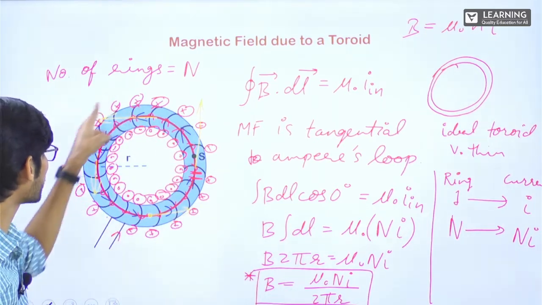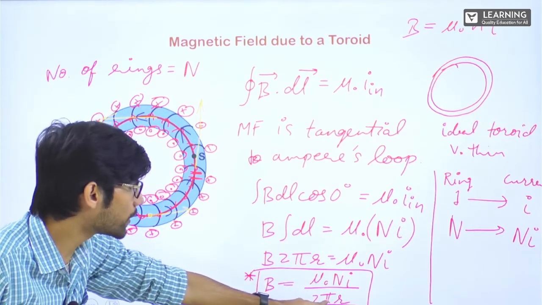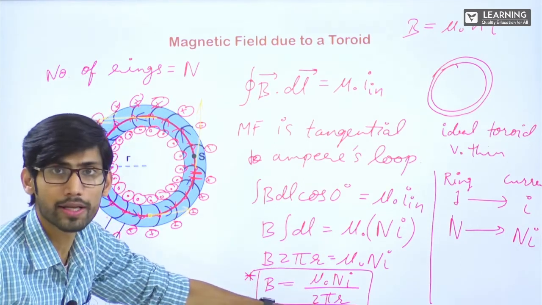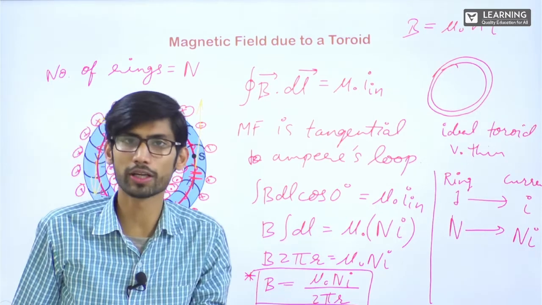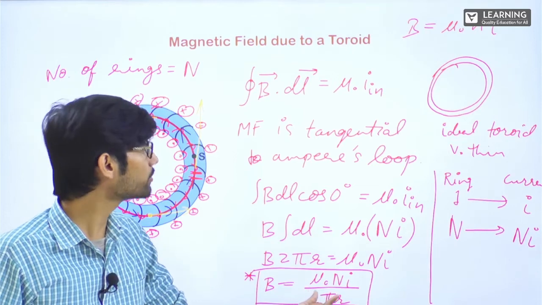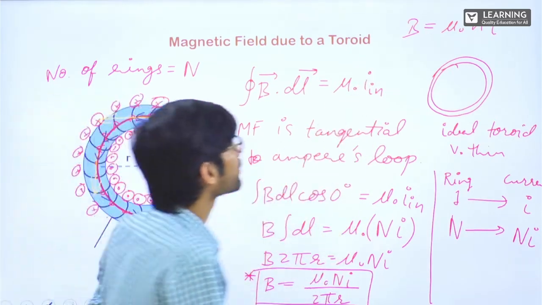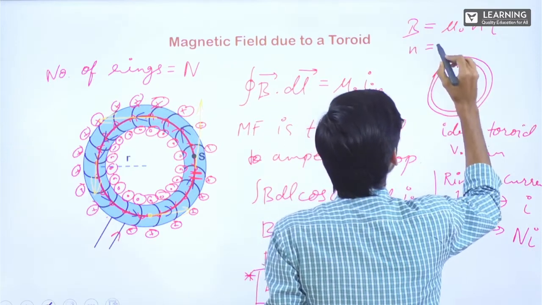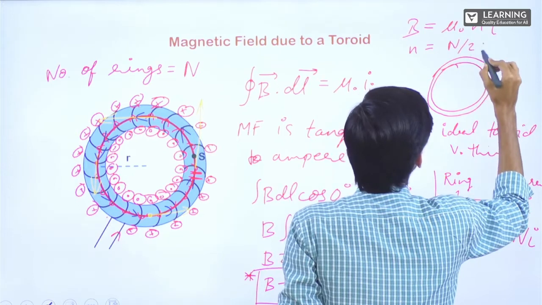From any point, if I take the total length of this toroid, it will be 2 pi r. Number of rings upon total length is what number of rings per unit length means, correct? So this is basically mu naught n I. The same thing is written. If you compare it with that, n is equal to N upon 2 pi r.